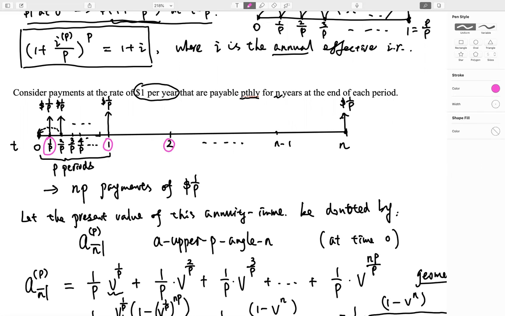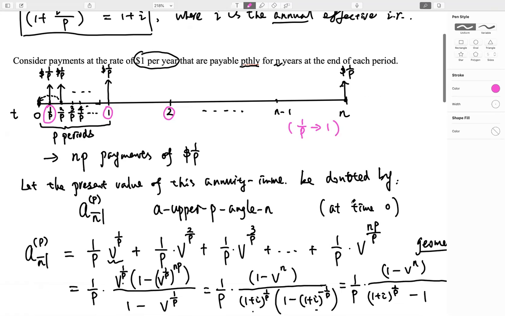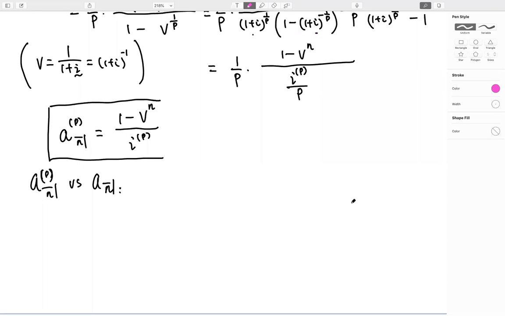I can use 1 month as 1, right? Then 1 year would have 12 months, right? And here what I do, I pick 1 over p. So I can well choose 1 over p as 1, meaning I take 1 over p as my current unit period. Then 1 year would become NP. 2 becomes, with that in mind, I give you an alternative.